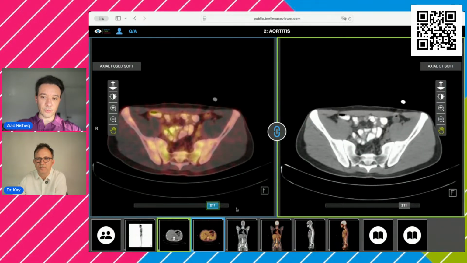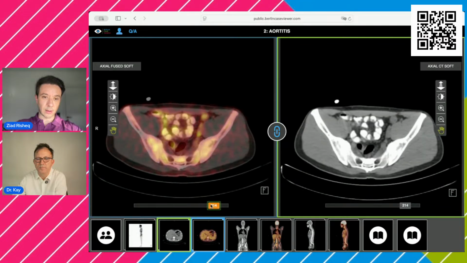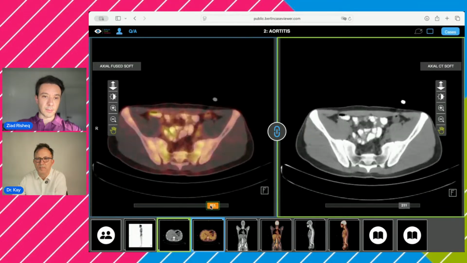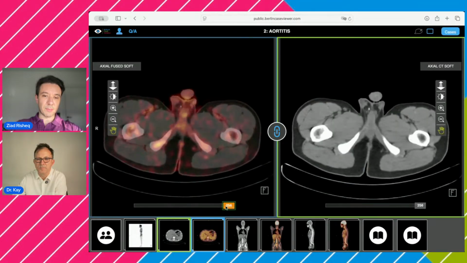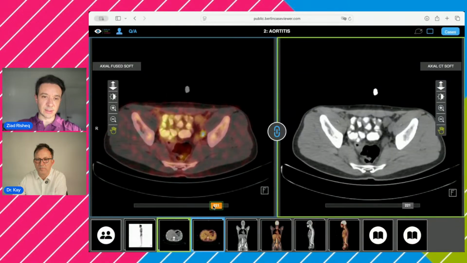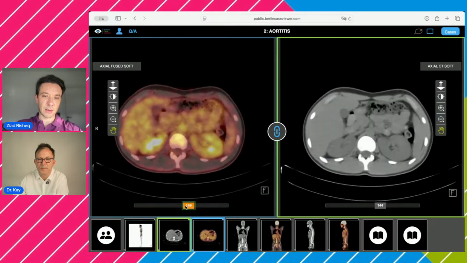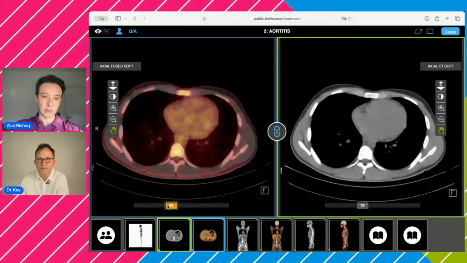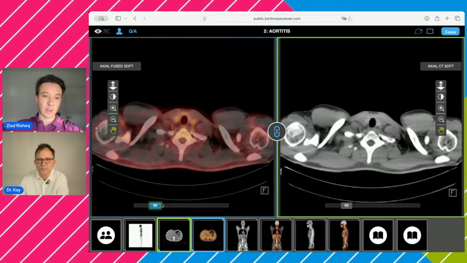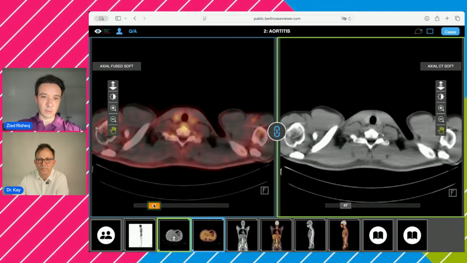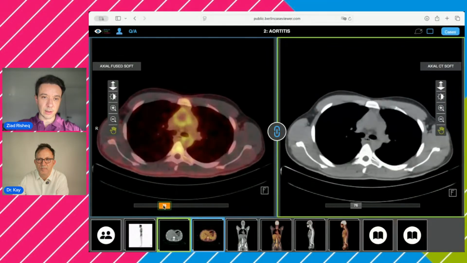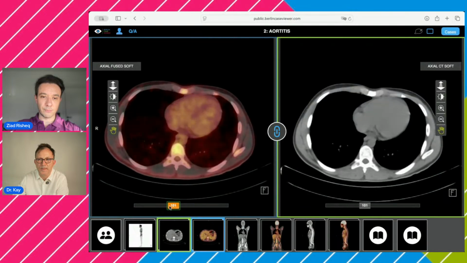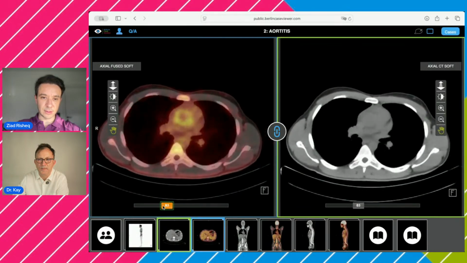You have to look, of course, at the bone, at the insertions of the ligaments. So basically, you have to think of a systemic disease. You have to look at every organ that might be involved in an inflammatory disease or autoimmune disease, or any kind of inflammatory disease.